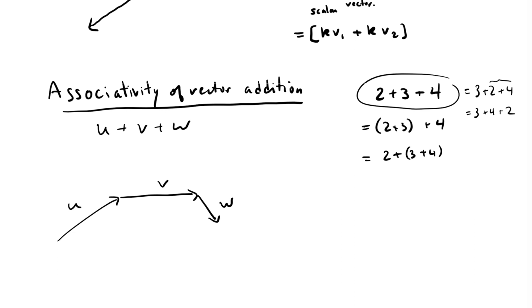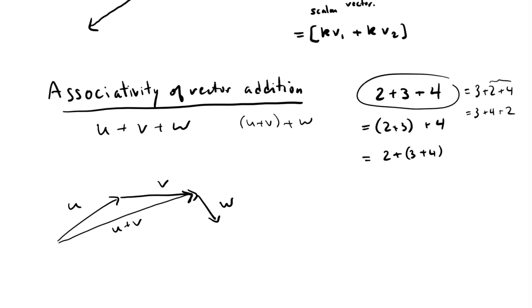If I do u plus v, well, it's this vector here, right? U plus v. So what I'm trying to do right now is u plus v plus w: u plus v first and then add w, and then after that I'm going to do v plus w first and then add u, and see that it will give me in the long run the same thing.